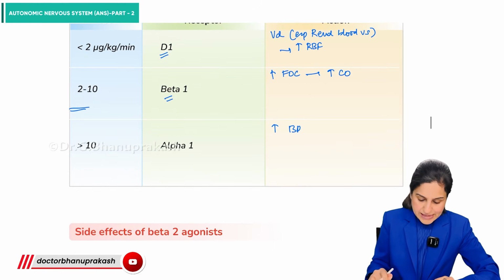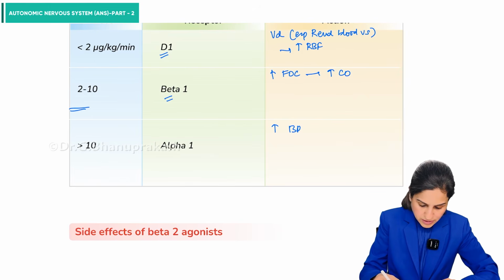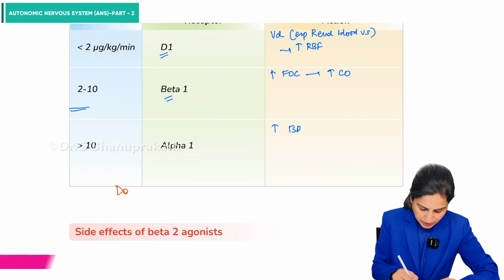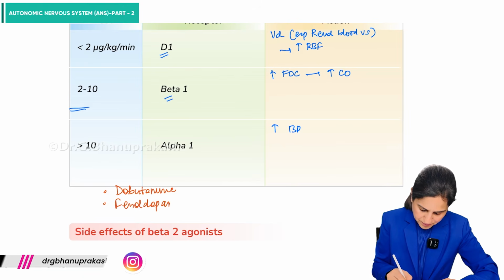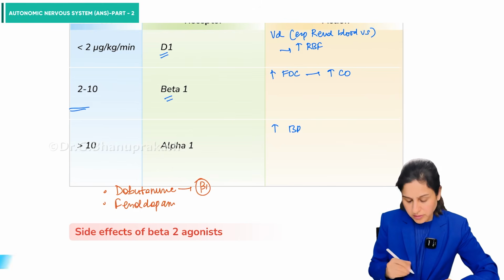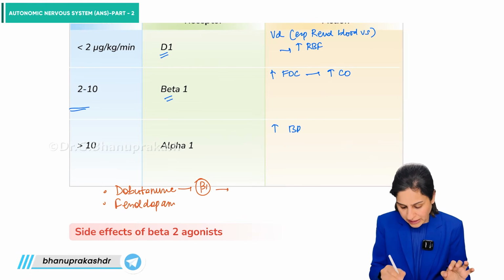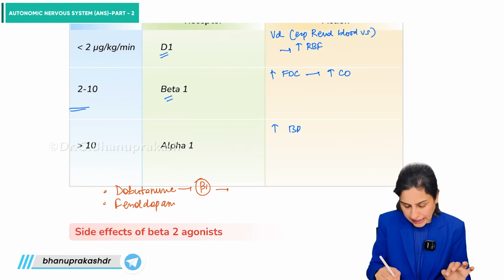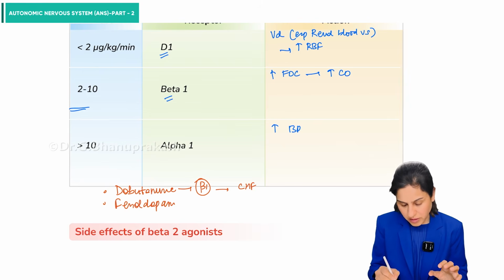Okay. Then similar sounding drugs we have which can confuse students. Let's do them also. One is dobutamine, and the other is fenoldopam. So dobutamine, please remember, it has a predominant effect on the beta 1 receptor, less effect on beta 2 and the others, mostly predominantly beta 1. So for this purpose, it will be a very good drug. It is used in congestive heart failure as well, right?